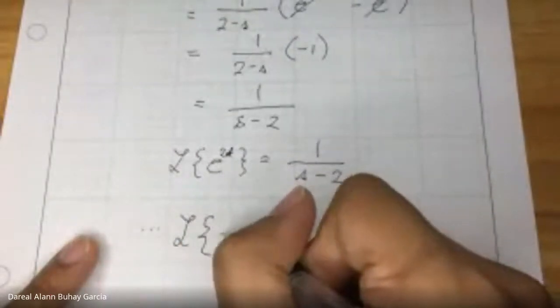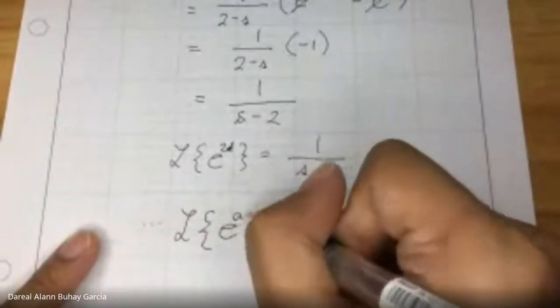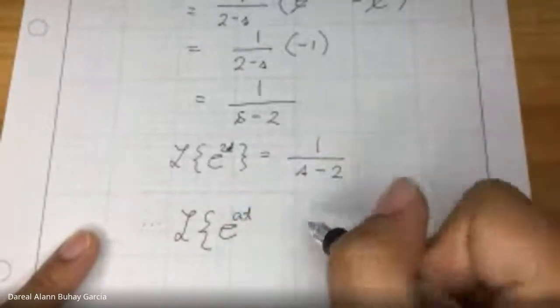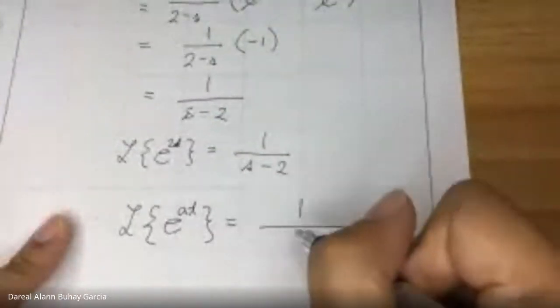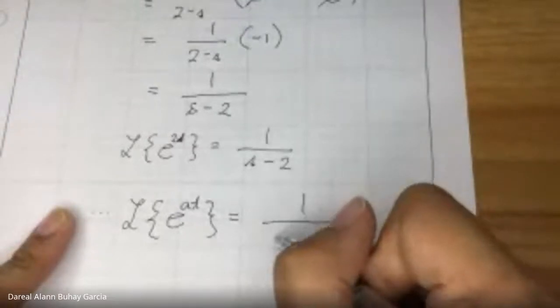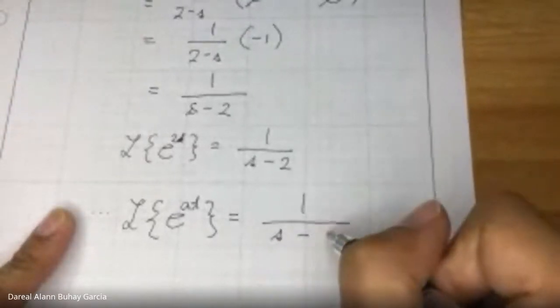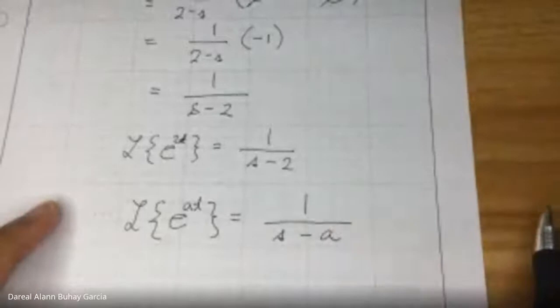Any question on the process? We can generalize that the Laplace transform of an exponential function raised to any constant a times t would be equal to 1 over s minus a.